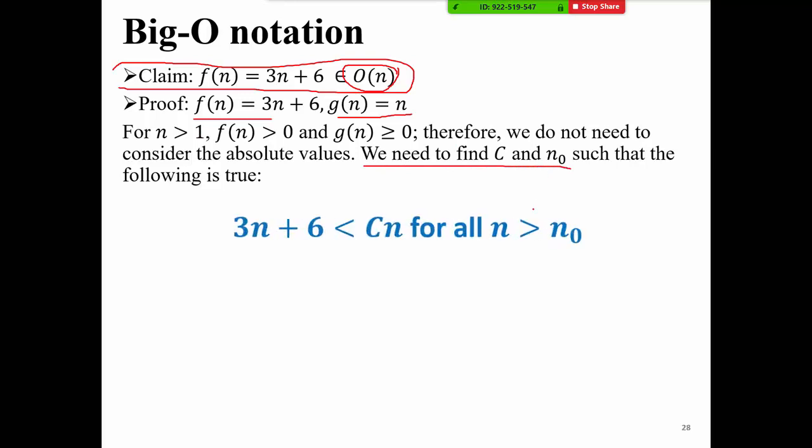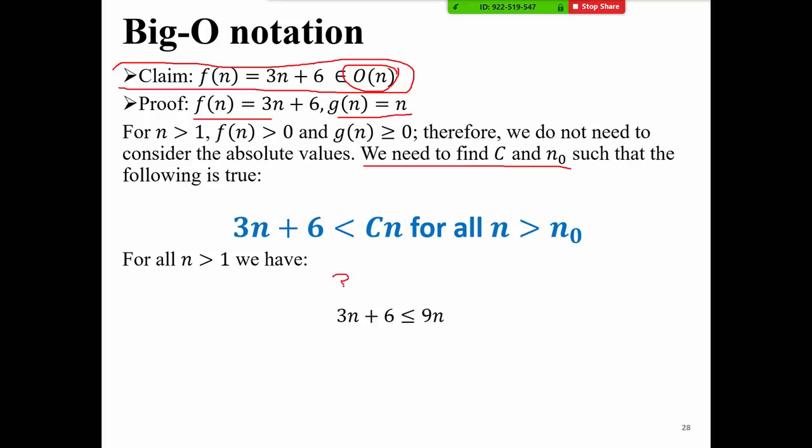We can say that we have 3n plus 6 less than c times n. We don't know what c is and what n0 is. We can say for all n greater than 1, you can add here, for example, n.